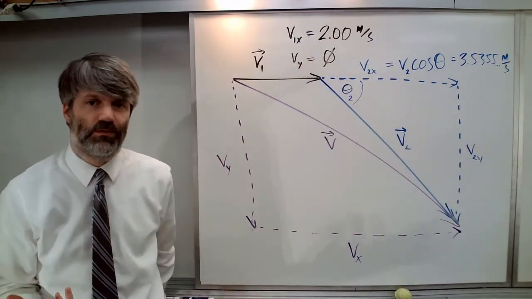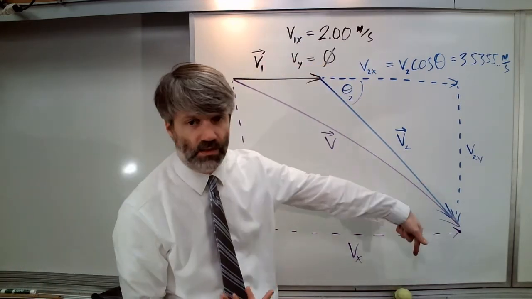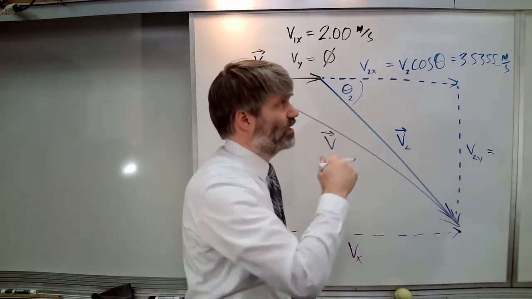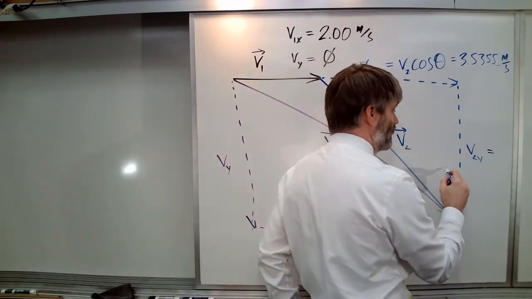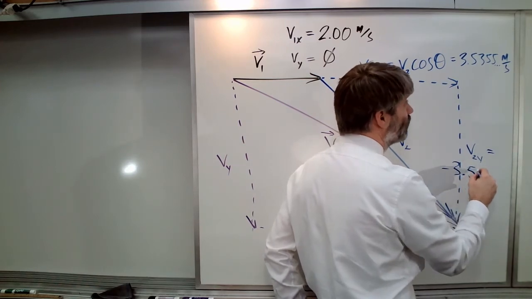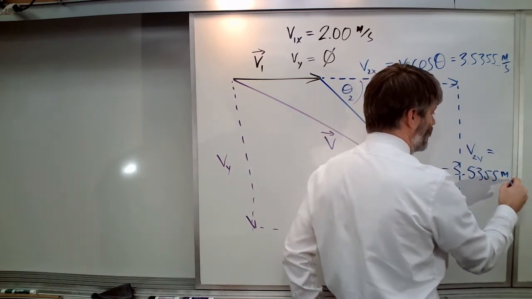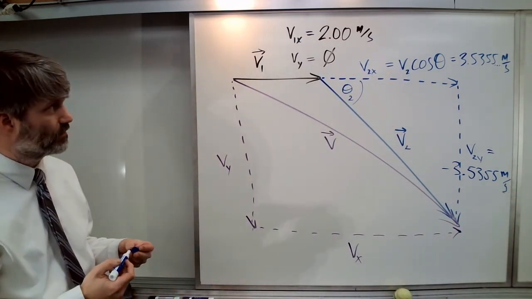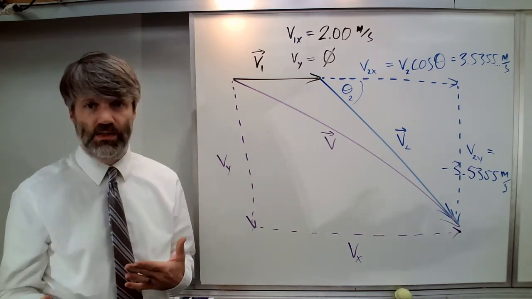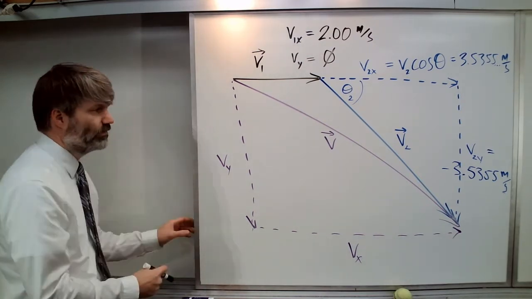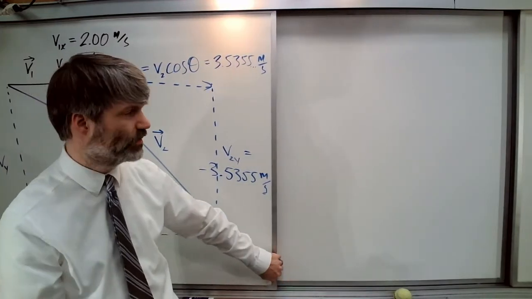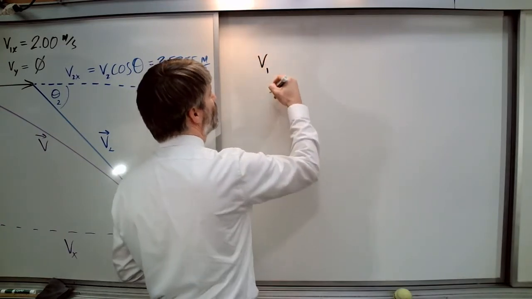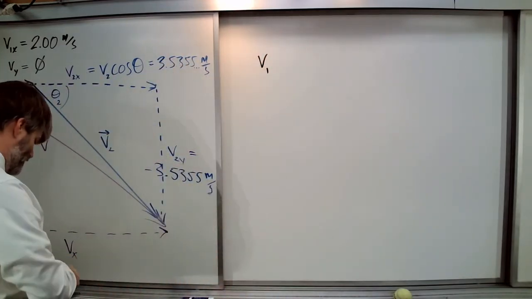Now we have to be careful when we do V2's y, because remember that V2's y is in the negative y direction. So it's analogous to that one there, but it's a negative value. We're going to get negative 3.5355 meters per second in the y direction in this case. So adding these, not really difficult. You can do this one in your head, I think.